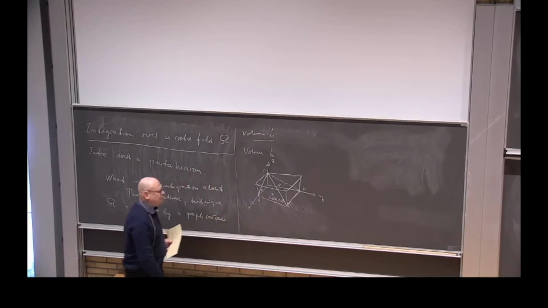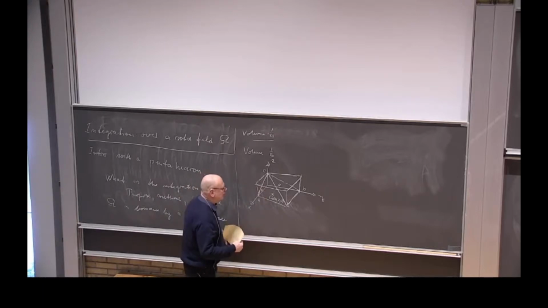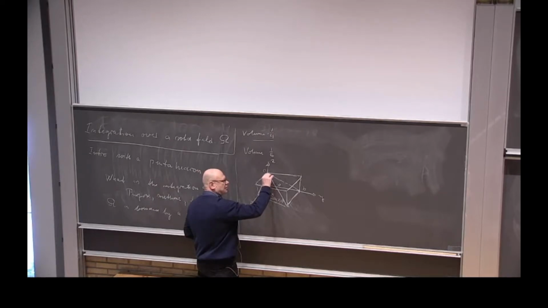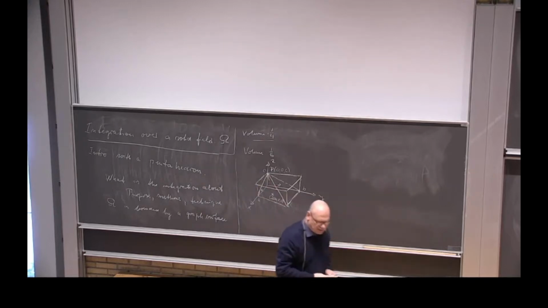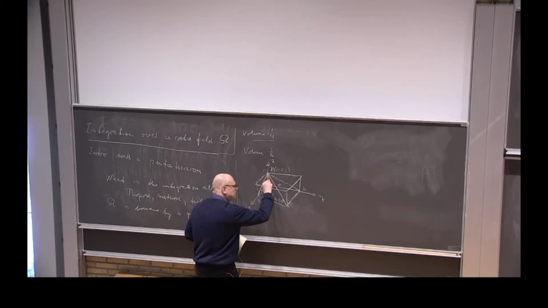And I call it Q. Now, when you have a situation like this, a good idea is to make the parametrization from this corner here. I call this P, and it has the coordinates 0, 0, c. Then I draw this vector here.